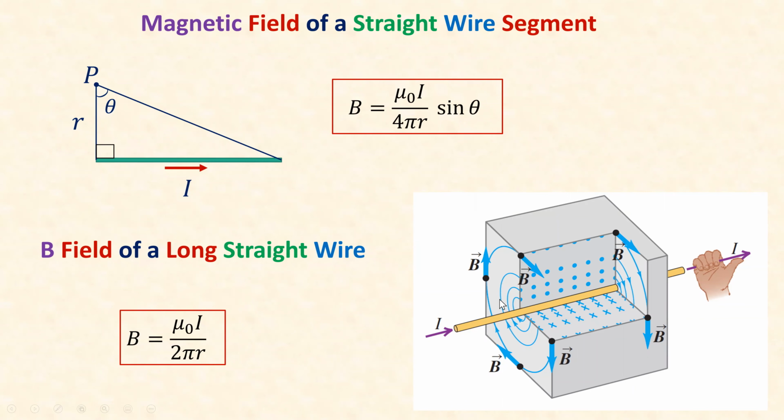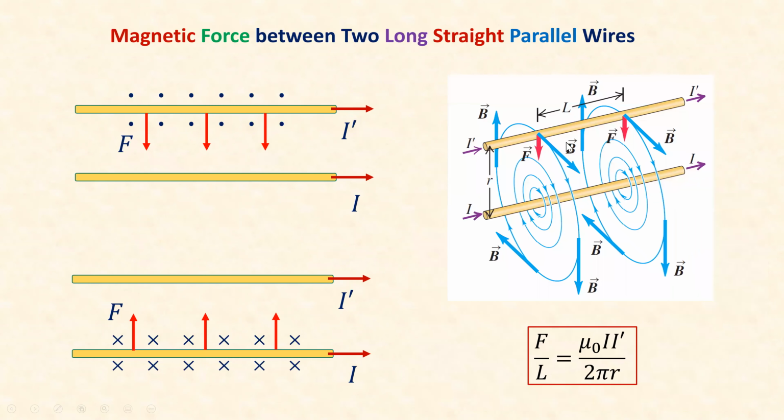And this figure shows the pattern of the magnetic field around a long straight wire carrying current I. All right, and then we talked about the interaction of two long straight wires, that they apply a force of this magnitude per unit length, mu naught I prime divided by 2 pi r.